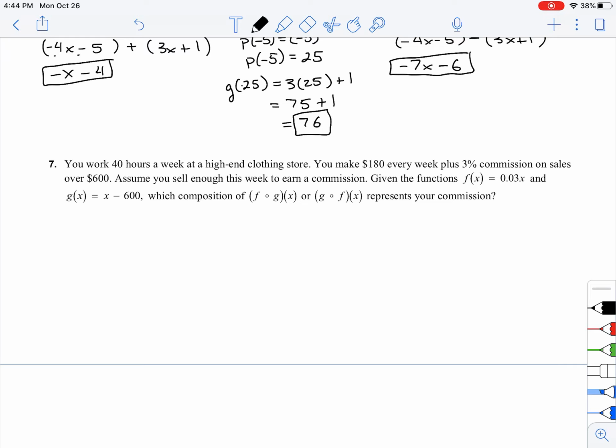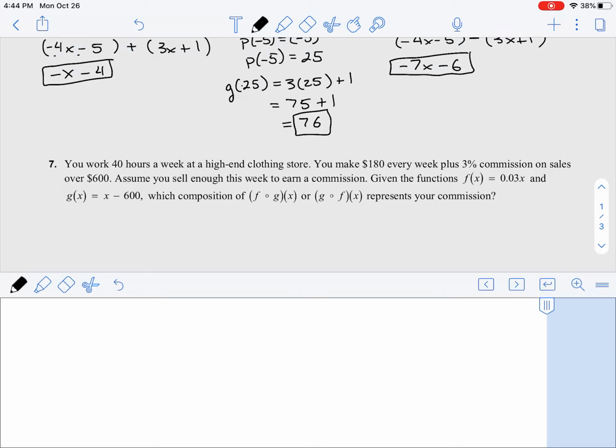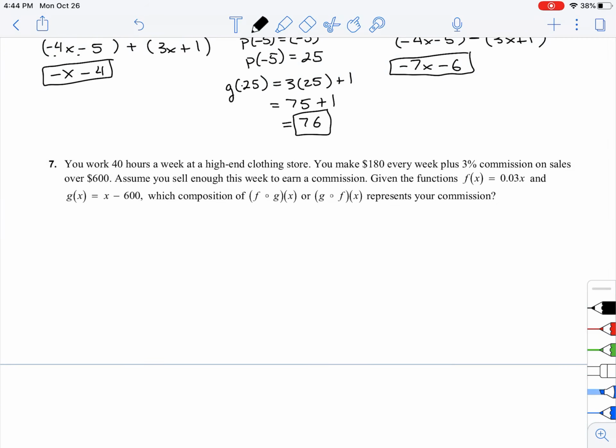So for the first one, f of g of x. So that's this. We can also write it like this. So that means that g of x is going to go inside of f of x.